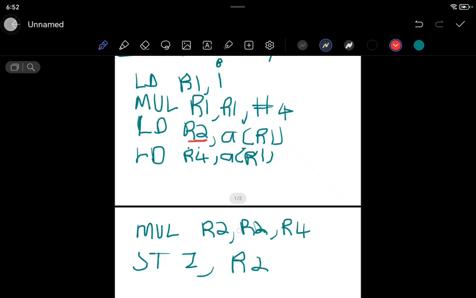The registers that I've only used here are R1 and R2. I can't move from R2 to R4. It's impossible. I must move from R2 to R3. So it means that this R4 is bound to change to R3. And R3 is the same as R1. So even this R3 will change to R1. You see right now? So this will be R1. So wherever I see R4, I'll change it to R1.